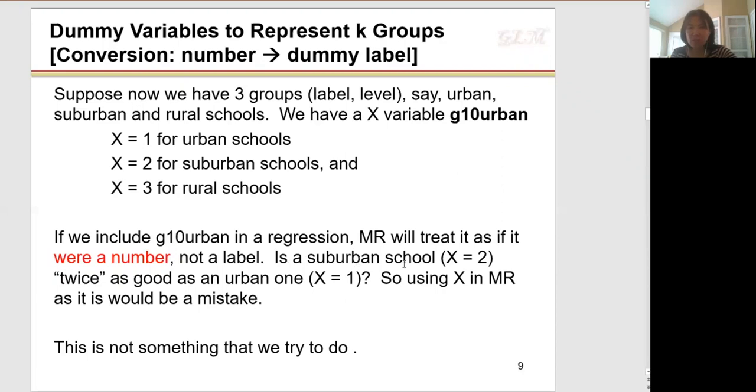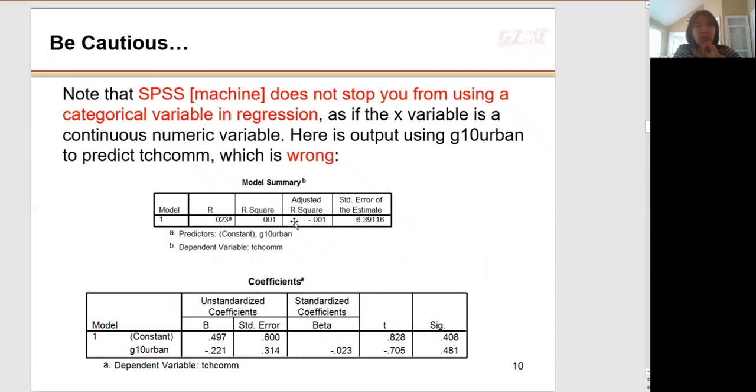So is the suburban group, X2, twice as good as the urban one? No, right? That's not the numerical meaning. Okay, so the SPSS machine does not stop you from using a categorical variable in regression, as if the X variable is a continuous numerical variable.